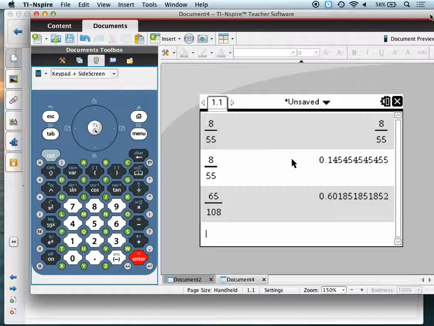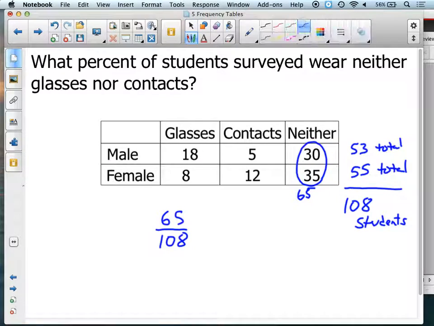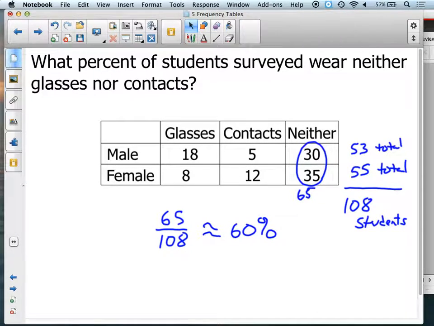Let's round this one maybe to the nearest percentage. So that would be 2 decimal places, 60%. So we can say that about 60% of the students wear neither glasses nor contacts.